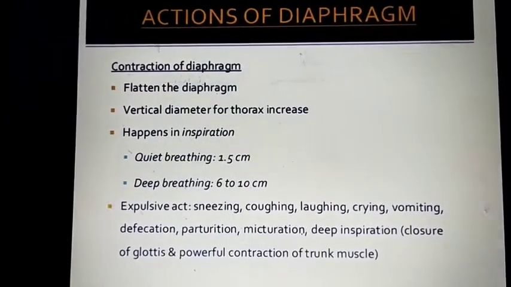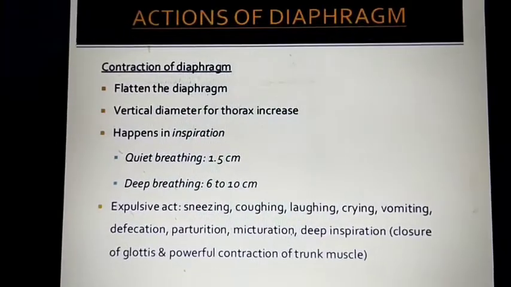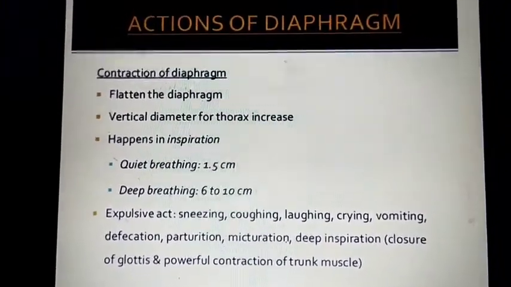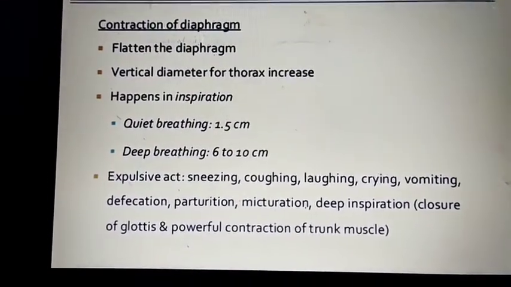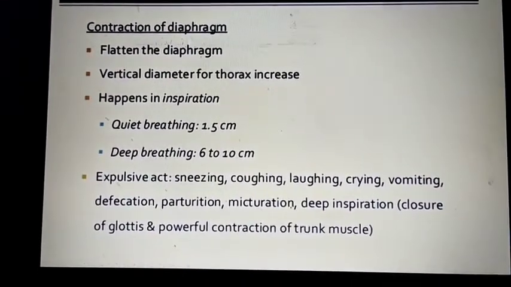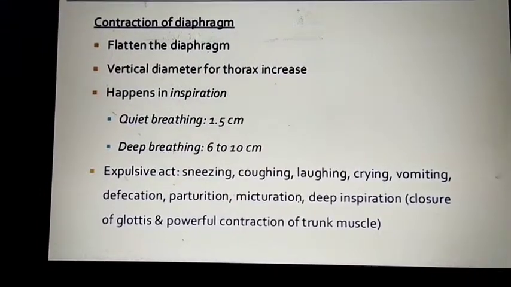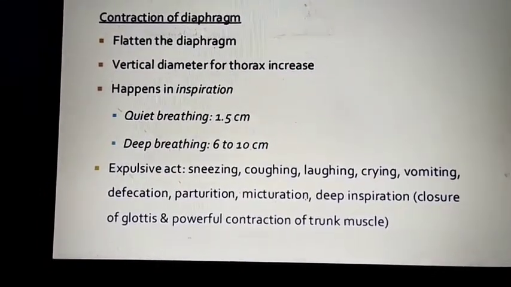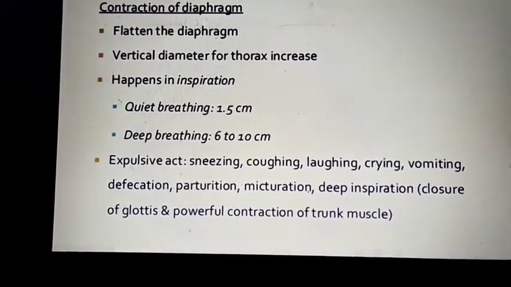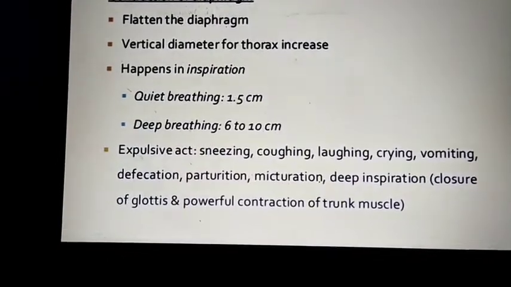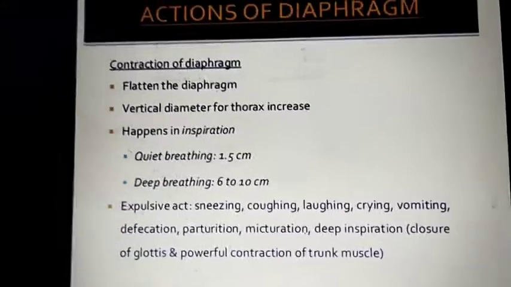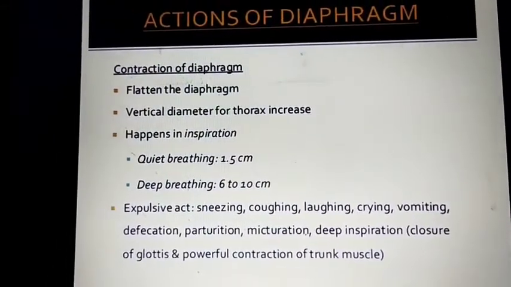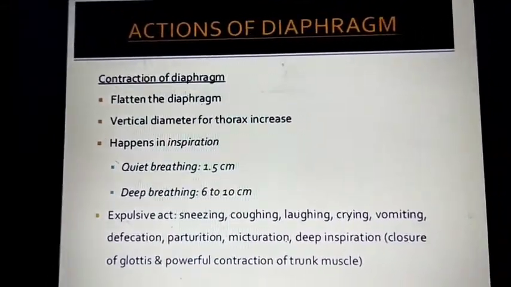In quiet breathing it is 1.5 centimeters, and in deep breathing it is 6 to 10 centimeters. And in expulsive acts such as sneezing, coughing, laughing, crying, vomiting, defecation, parturition, micturition, deep inspiration, closure of the glottis, and powerful contraction of trunk muscles, all of it happens because of the action of the diaphragm.